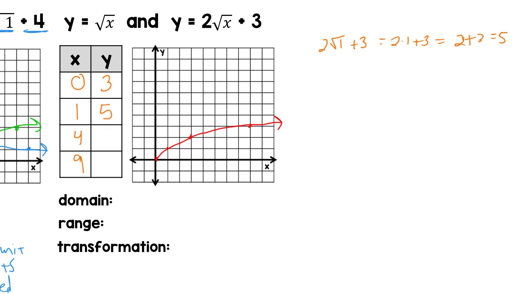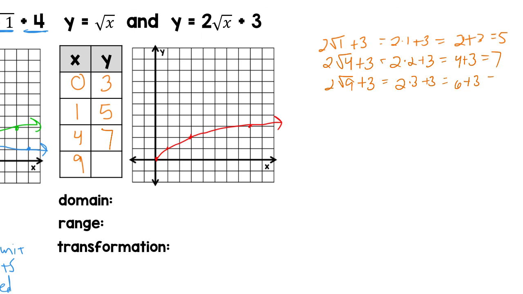Lost it. 2 times the square root of 4 plus 3. That's 2 times 2 plus 3, or 4 plus 3, or 7. Last but not least, 2 times the square root of 9 plus 3, or 2 times 3 plus 3, or 6 plus 3, or 9.